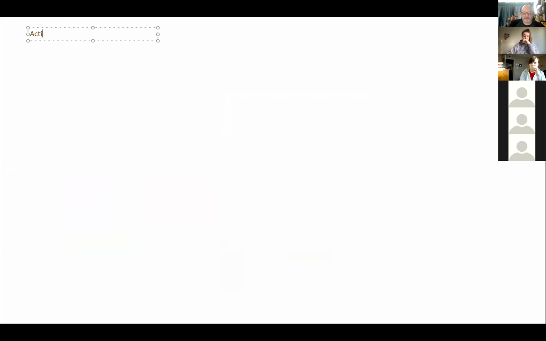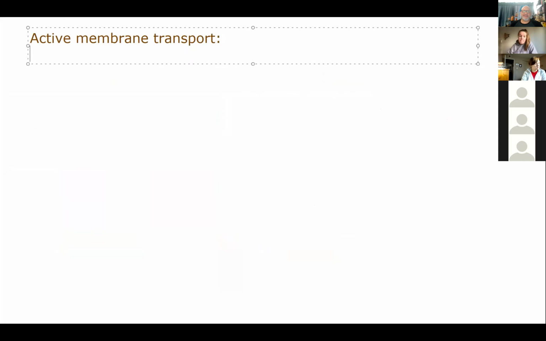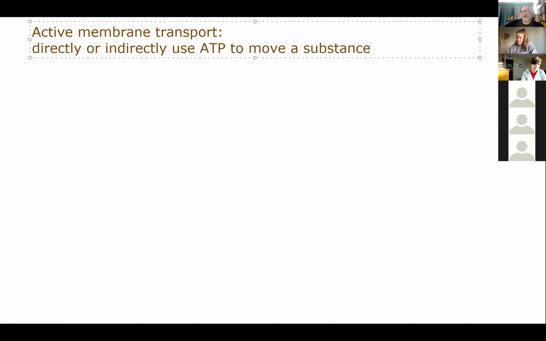Let's do active membrane transport. And as you mentioned, it comes in two flavors, primary and secondary, because how do we define active membrane transport? That's either directly or indirectly using ATP. Excellent. We're either going to directly or indirectly use ATP.